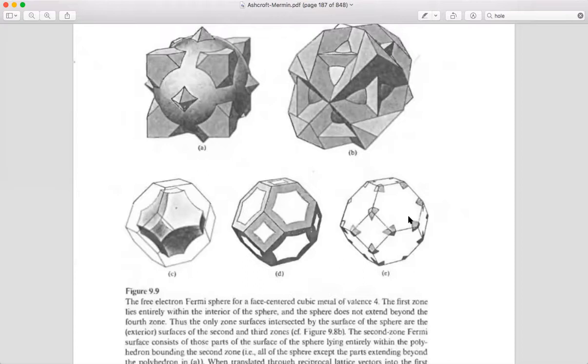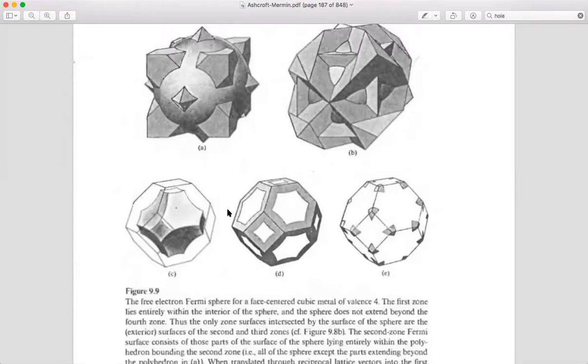So the point here is that even the free electron Fermi surface, starting from a free electron sphere, and then cutting it appropriately at the Bragg planes and translating things back into the 1st Brillouin zone, gives you parts of the Fermi surface that look pretty complicated. So the Fermi surfaces of real metals are pretty complicated, but nevertheless, these are useful constructs.